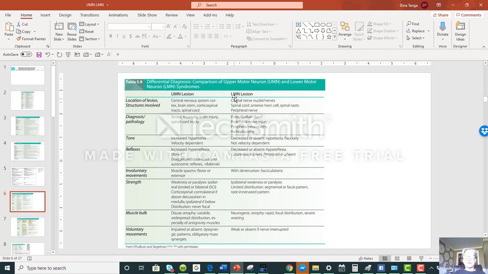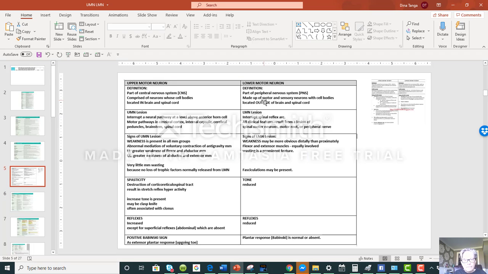The lower motor neuron lesion. This slide adds cranial nerve nuclei and nerves. Spinal cord, anterior horn cell, spinal roots, and peripheral nerve.